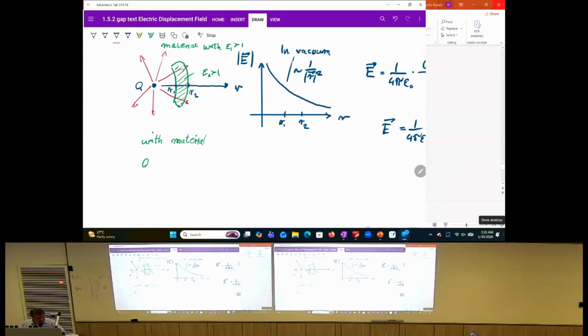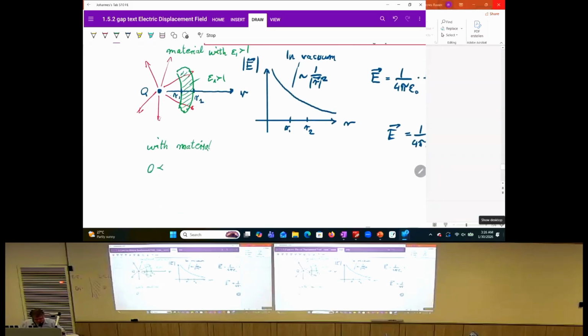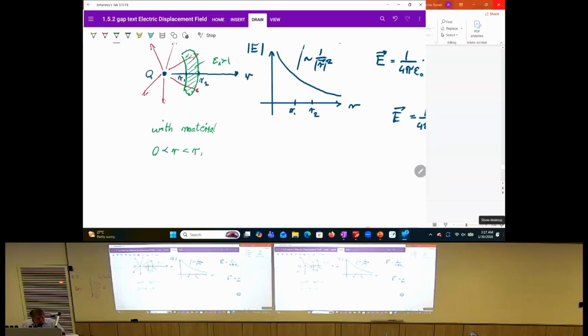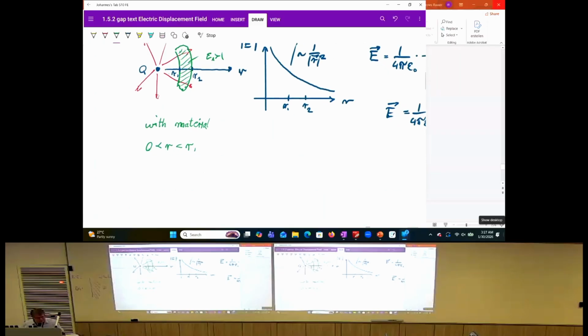In the range where R runs from 0 to R1, we are still in the same situation as in the vacuum case.